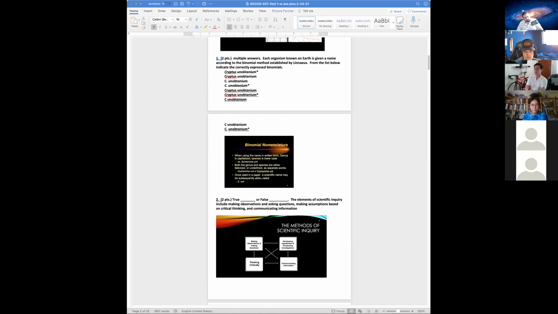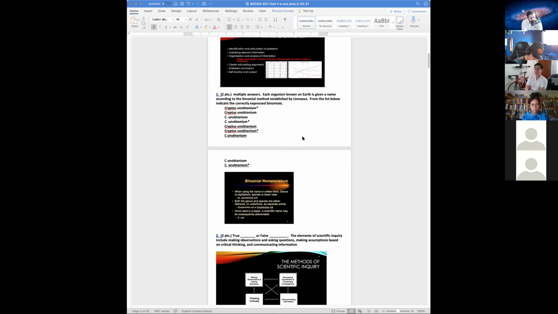And when used in a paper, the first time it's used, the whole scientific name is used. The second and subsequent times, it's abbreviated. So if you look at this list, which ones are correct?